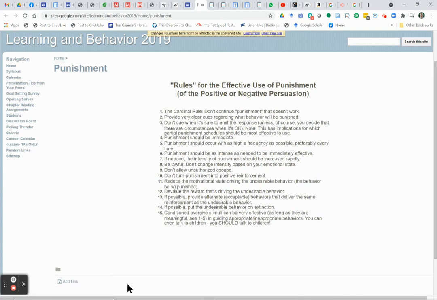Because if punishment doesn't work, the probability of behavior does not go down, and it isn't punishment. It's potentially evil. So when punishment works, you don't have to continue punishing because the behavior that you're trying to suppress is suppressed effectively by the punishment. And so that's number one.